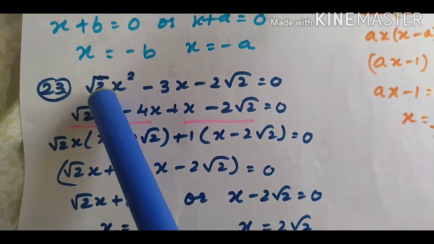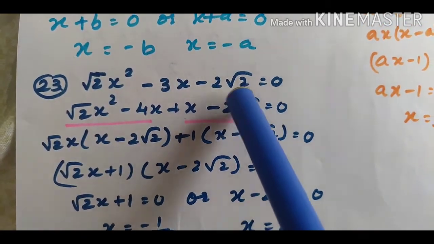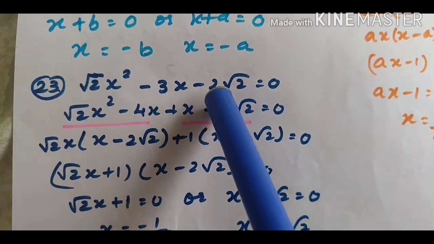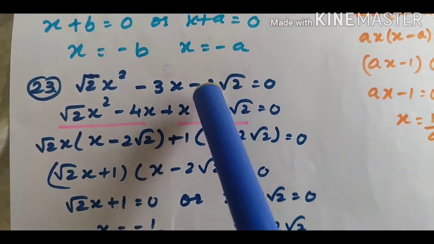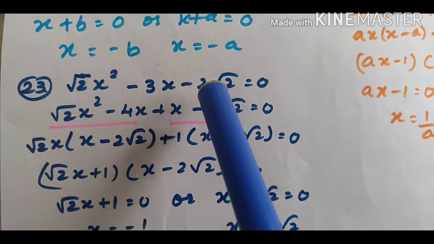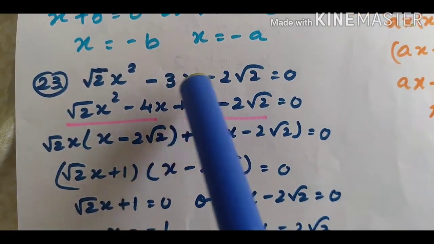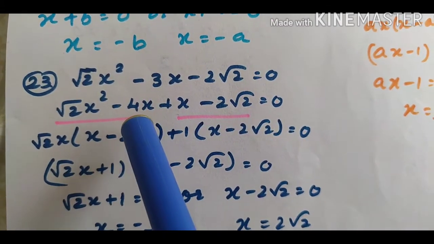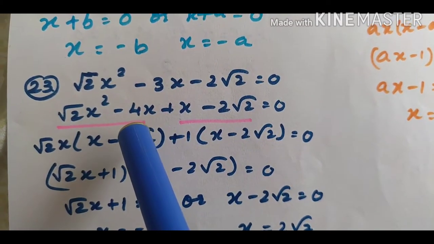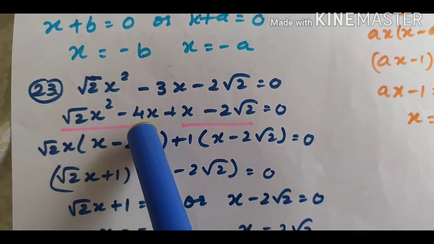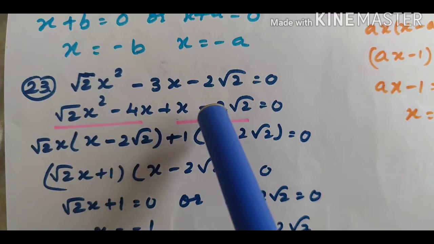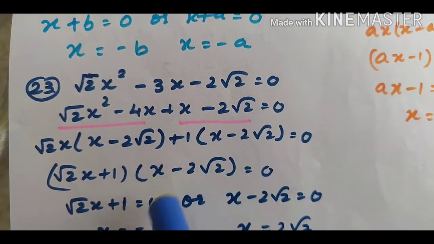So this root 2 multiplying with this 2 root 2: root 2 into root 2 becomes 2, multiplied by this 2, so it becomes 4. You need factors of 4 to get minus 3, and the factors are only 2 twos or 4 ones. So I get here root 2 x square minus 4x plus x minus 2 root 2 is equal to 0.